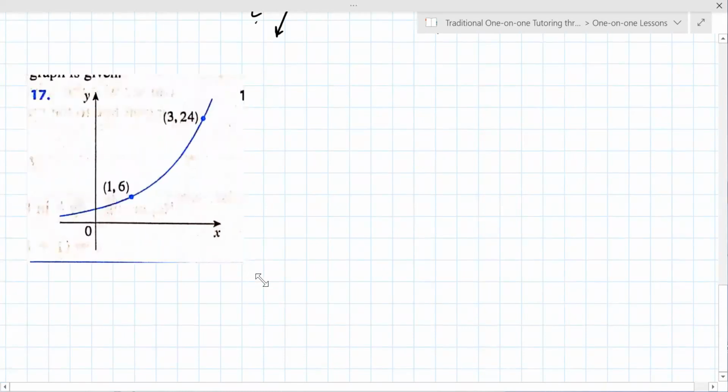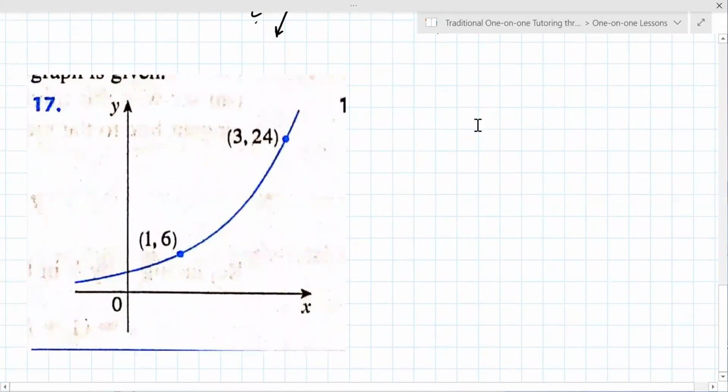All right, so there's 17. And it says y equals c a to the x. This is like the worst type because you're not given the point on the y axis. That's the best ones. We don't have it. So let's substitute these values into the equation. I'm going to do this top one first.